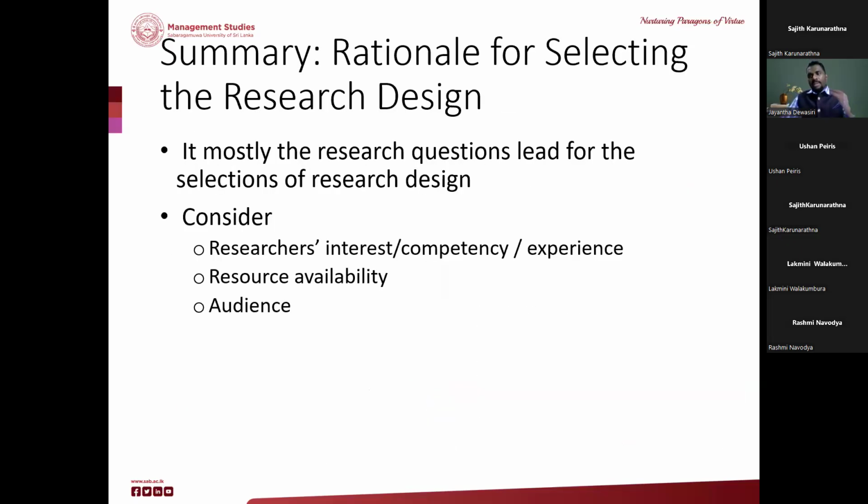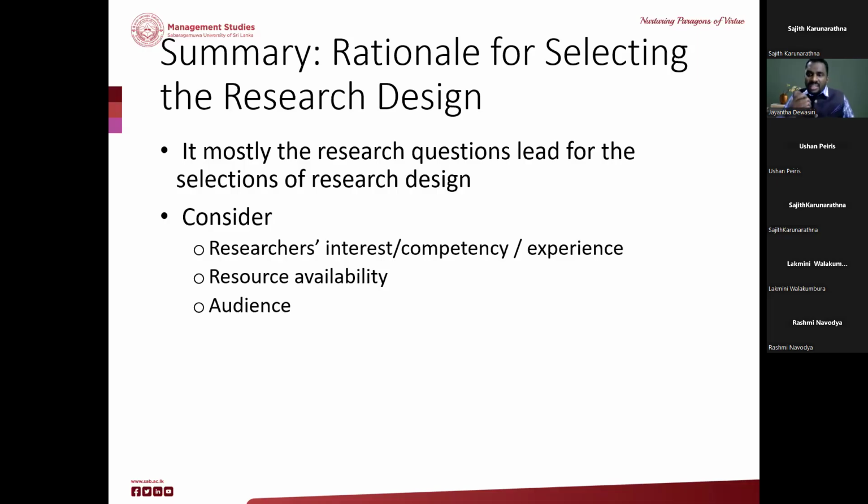As the summary, I would like to highlight that the rationale for selecting a research design is mostly the nature of the research question or the research problem that drives the particular research design. There is a connectivity, and it shows from the title itself.